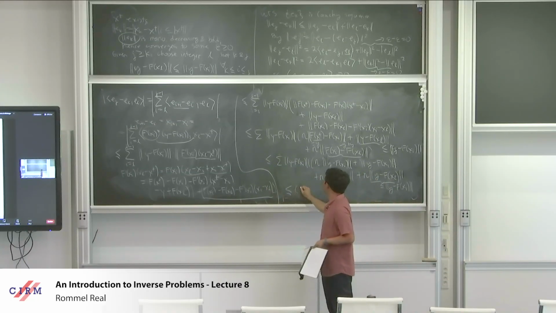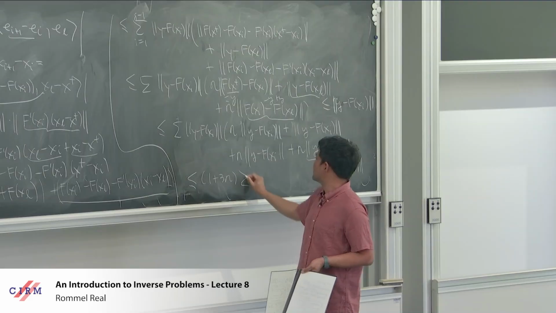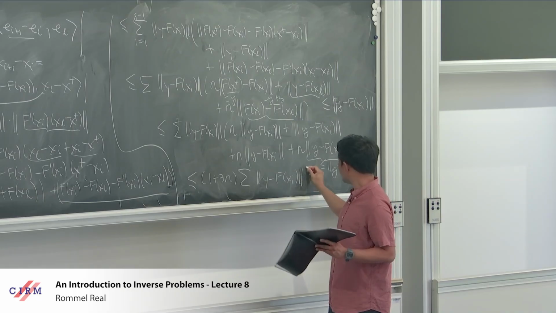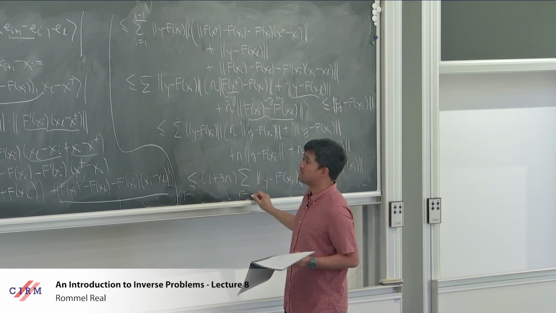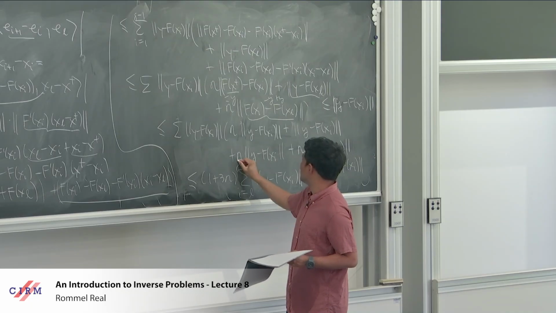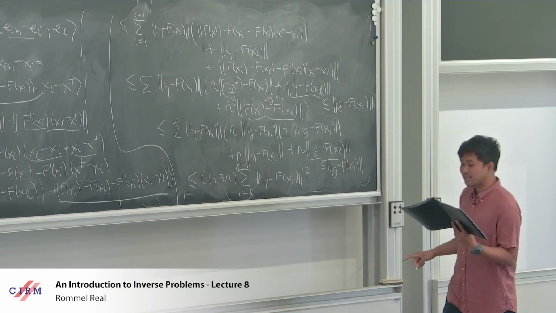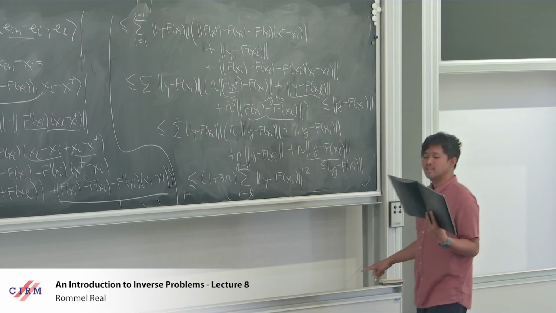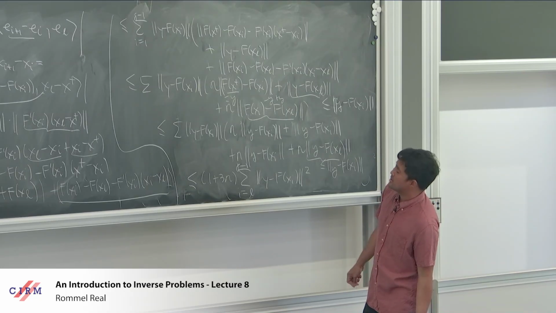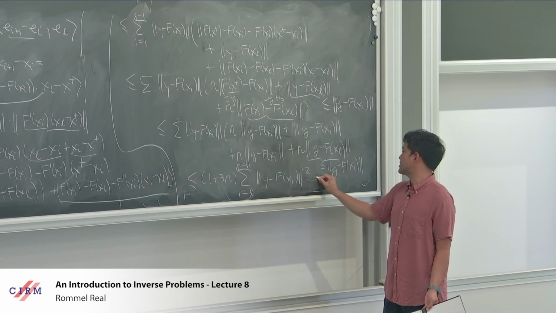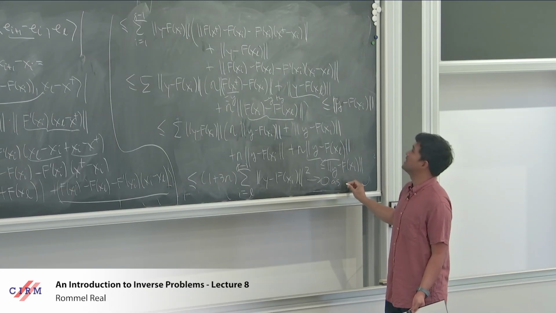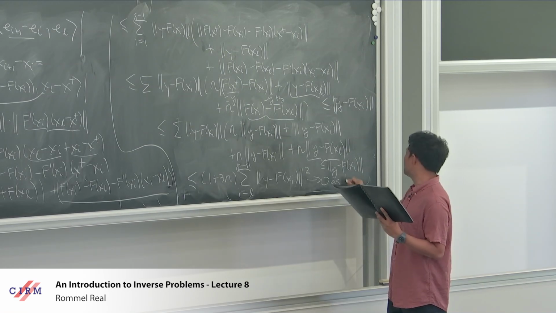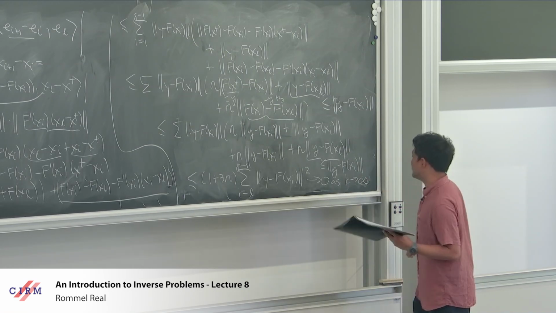You have 1, so you have 1 plus 3 eta times the summation of squares from I from L to j minus 1. And then, by using the result from the previous proposition, this must go to 0 as k goes to infinity, okay?